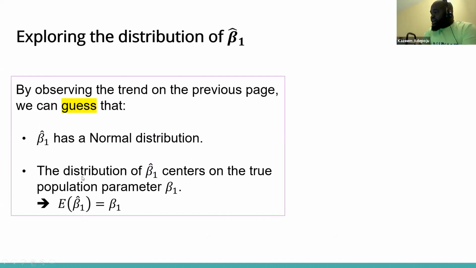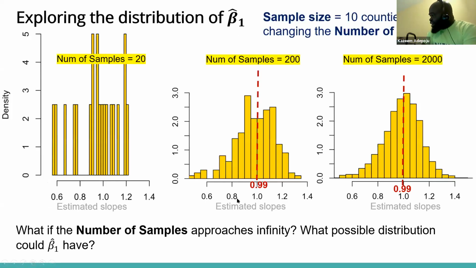Then that actually confirms what we did before, that the distribution of the beta 1 cap centers on the true population parameter beta 1. So the center right here represents the beta 1.